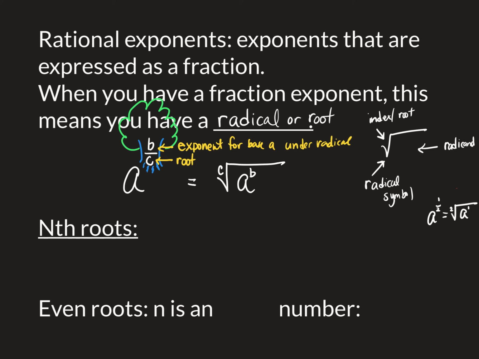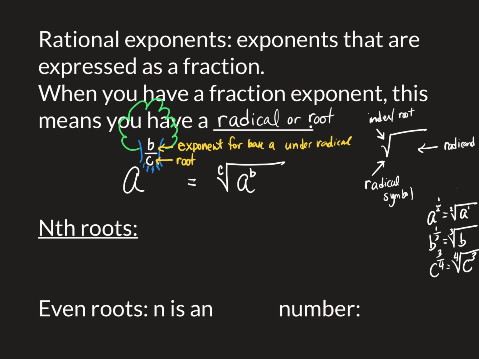A to the 1/2 is the square root of A. B to the 1/3 is the cube root, because 3 is in the denominator, of B to the first power. C to the 3/4 means the 4th root, because 4 is in the denominator, of C raised to the 3rd power. That's what rational exponents are. They are radicals with exponents.